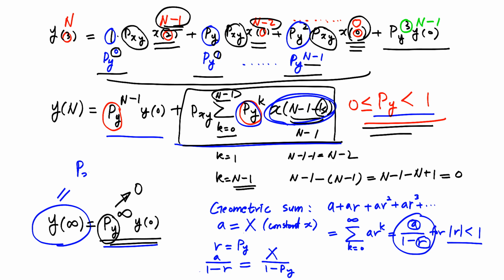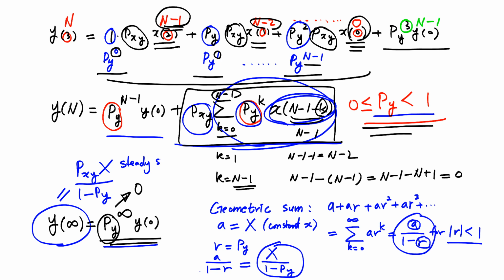It's now P sub xy, which is this term here, and the rest is X over 1 minus P sub y. That's a constant value, and this is steady state level.